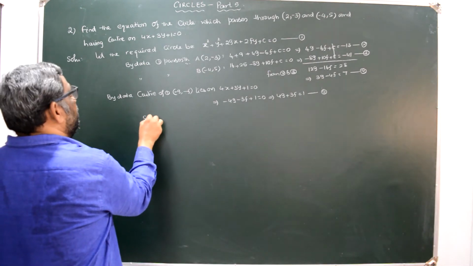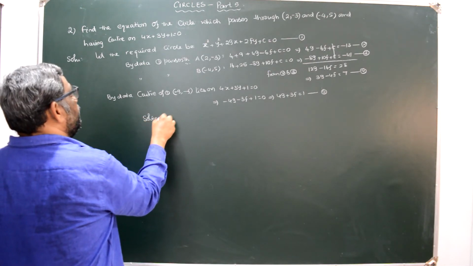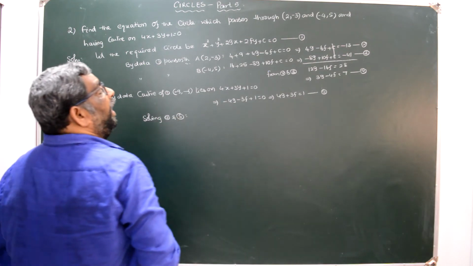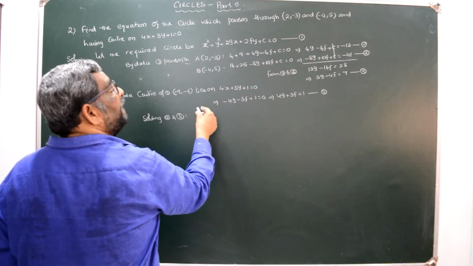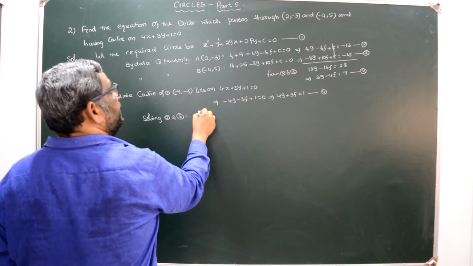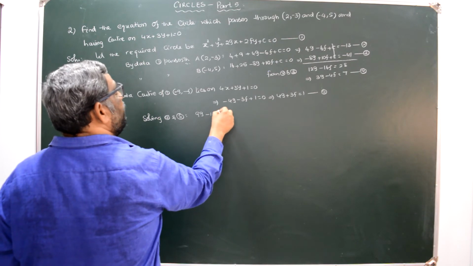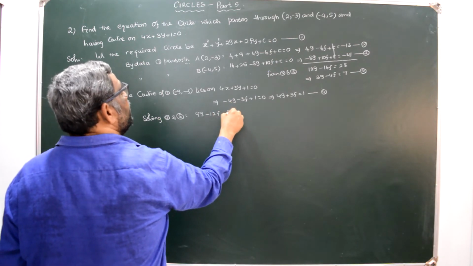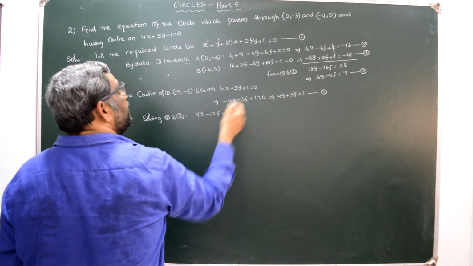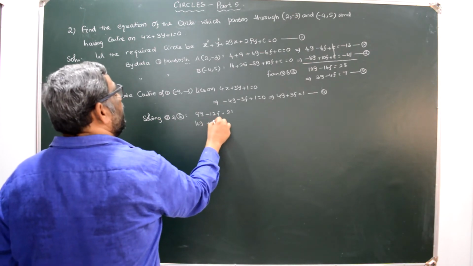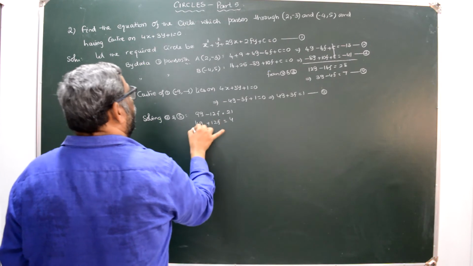Solving 4 and 5. You can multiply the fourth equation with 3: 9g minus 12f is equal to 21. You can multiply this with 4: 16g plus 12f is equal to 4.